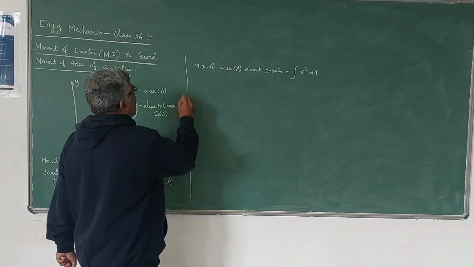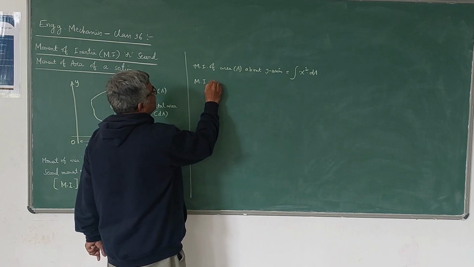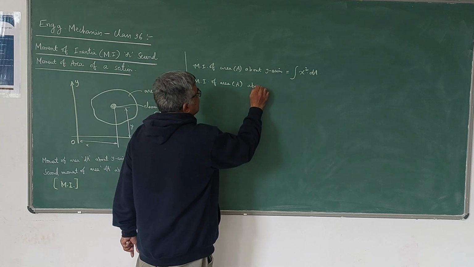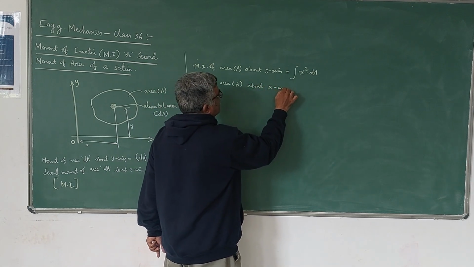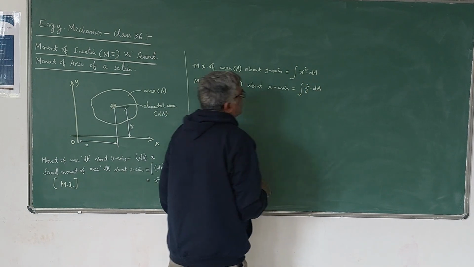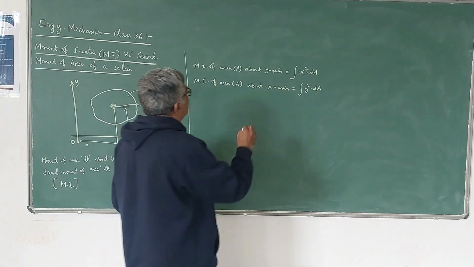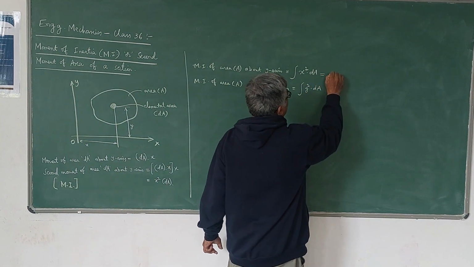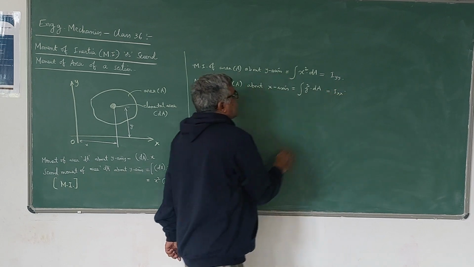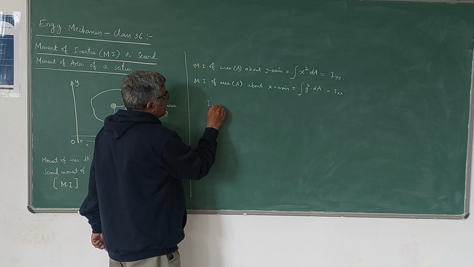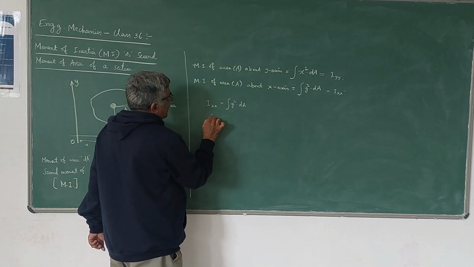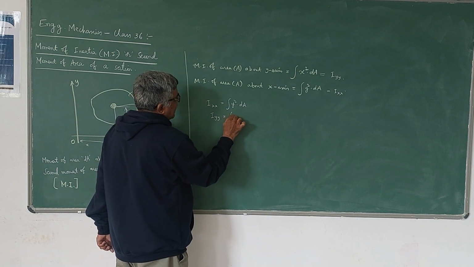On similar lines, the moment of inertia of area A about the x-axis, if the distance is measured from the x-axis, is integral y square dA. This integral x square dA, the moment of inertia about the y-axis, is written as Iyy, whereas this is Ixx. So Ixx is defined as integral y square dA, and Iyy is defined as integral x square dA.